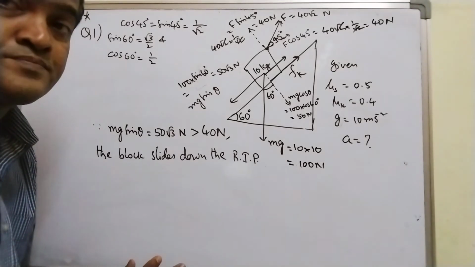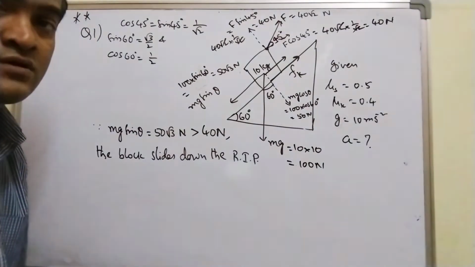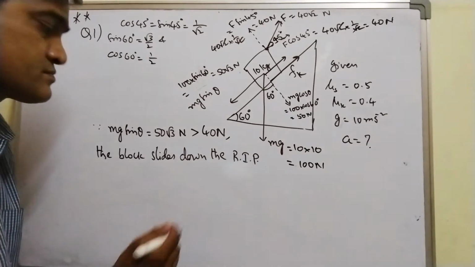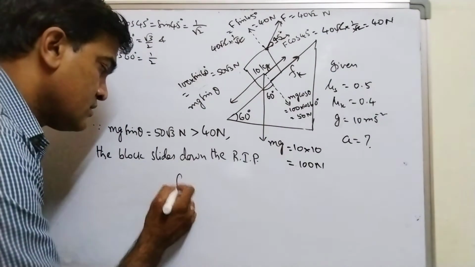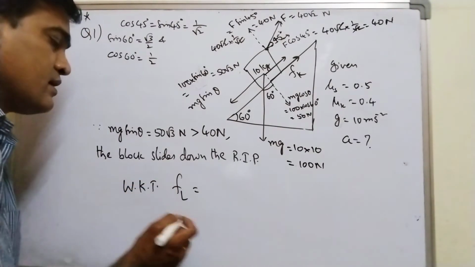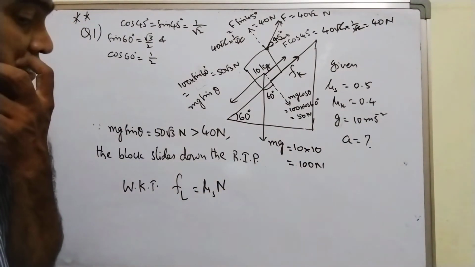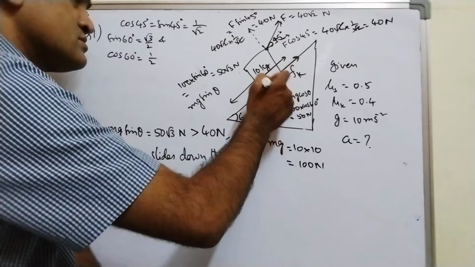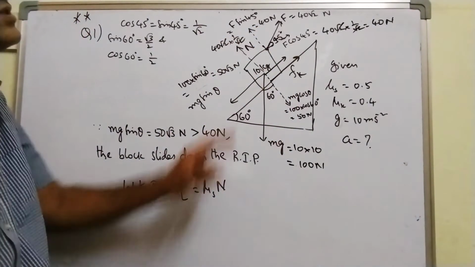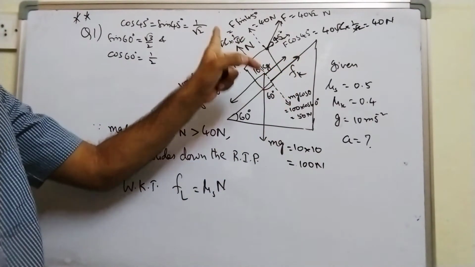Let's find out now the value of limiting friction. Always try to find out limiting friction at first. What is the formula we have for limiting friction? Fl is equal to mu s into normal force. This one will be normal force, the force exerted by the inclined plane on the block.